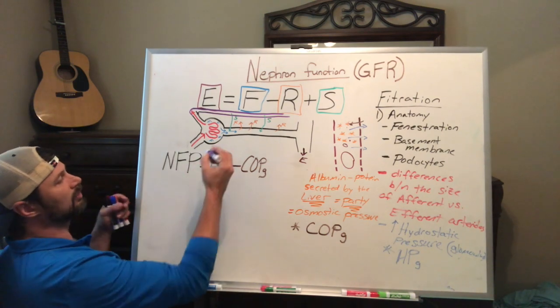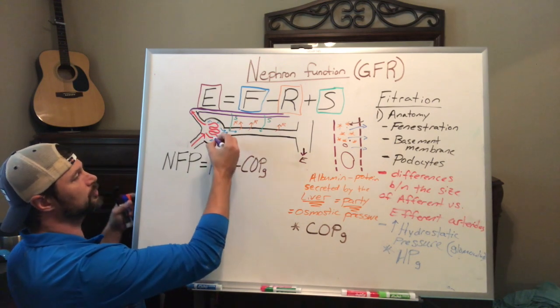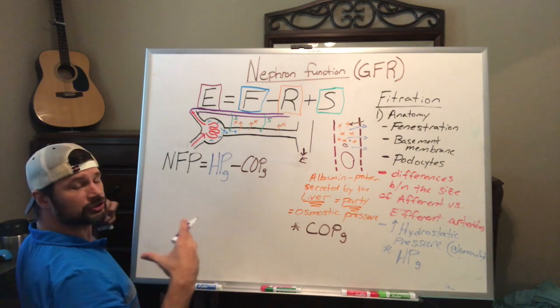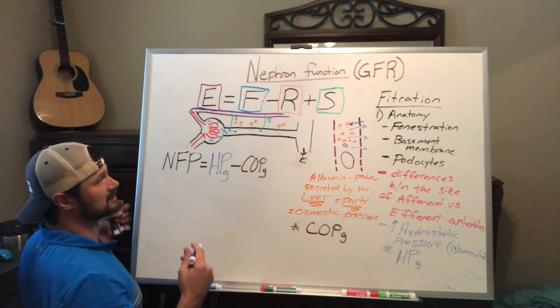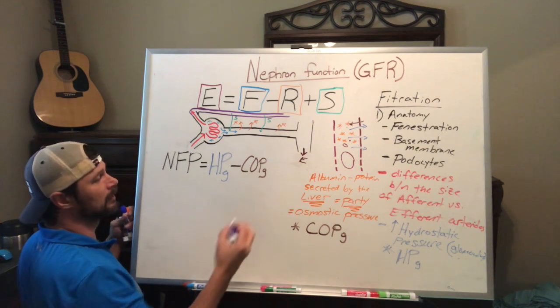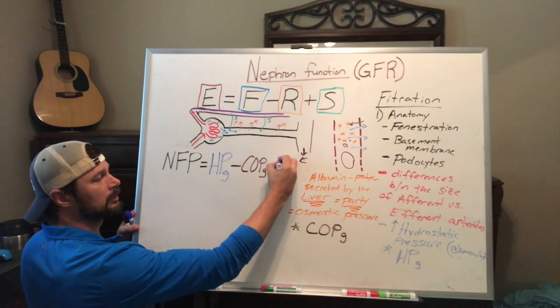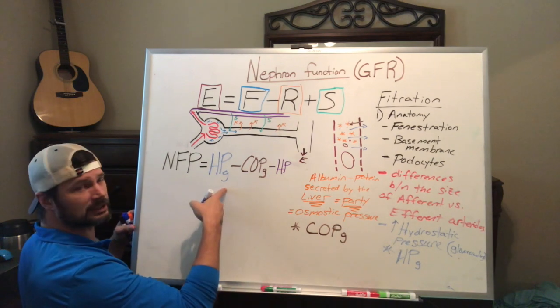Because if you think about where filtration is going, filtrate is the fluid moving from the glomerulus into the Bowman's capsule. So now we have fluid in the Bowman's capsule that is pushing back against the glomerulus that entire time. We have fluid that's pushing against the walls. This is hydrostatic pressure, but it's not in the glomerulus anymore.